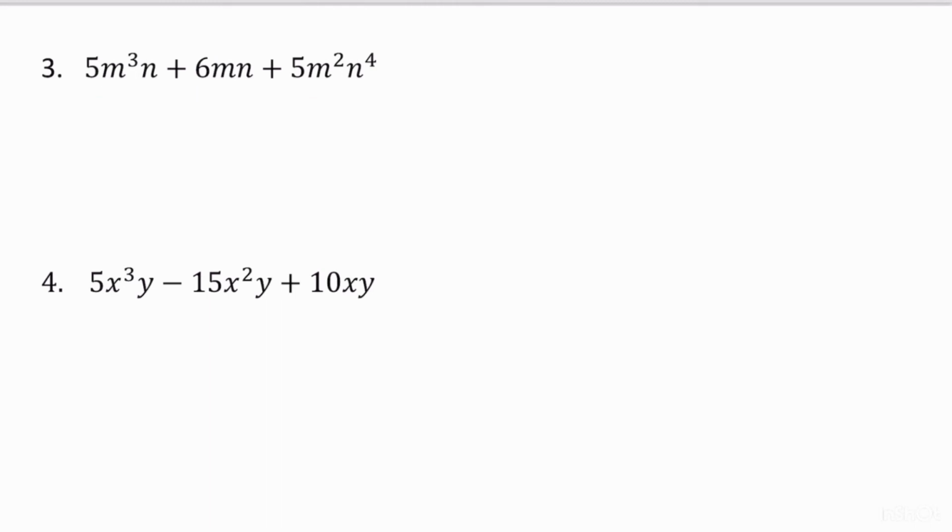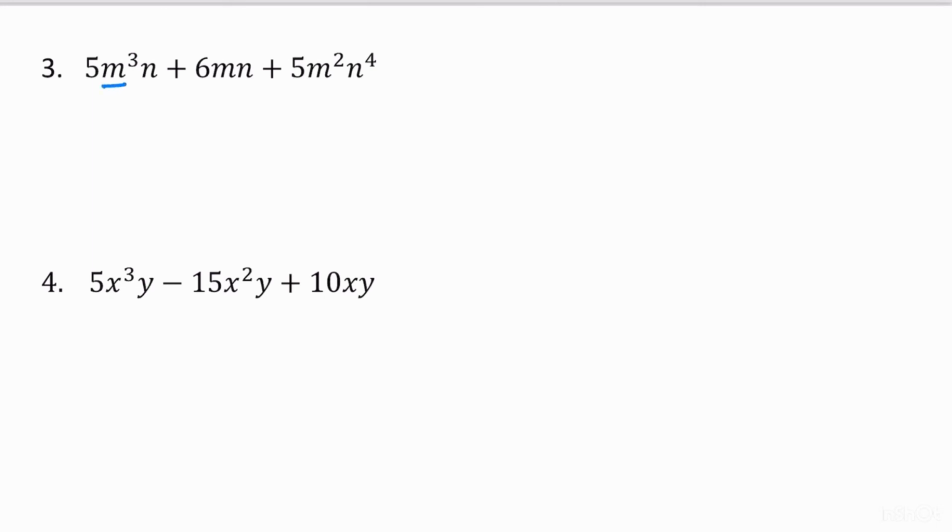So now we have to continue with the second part of the question, which is, do they all have the same variables in common? I do see m in every single one of the terms, and I also see n's in every single one of the terms. So yes, we are going to have m and n with some type of exponent perhaps as our GCF. So let's go ahead and figure out how many m's can we take out from all terms.